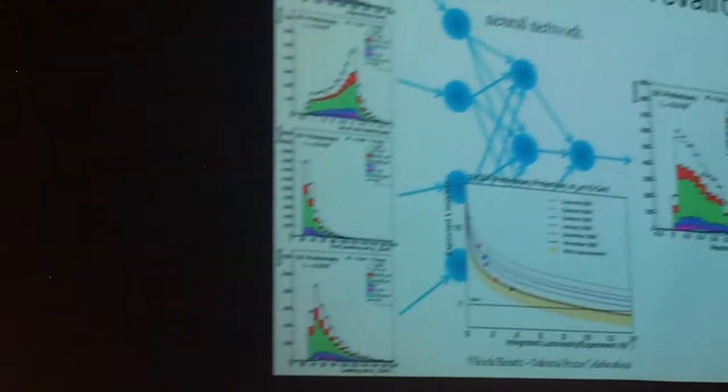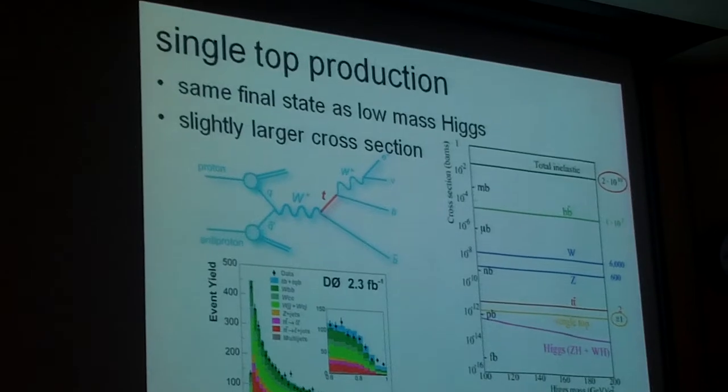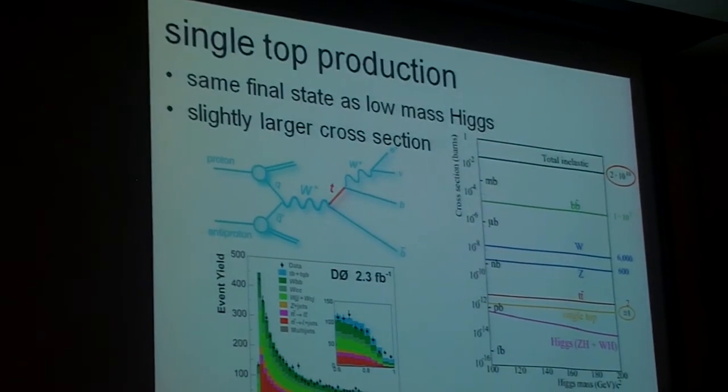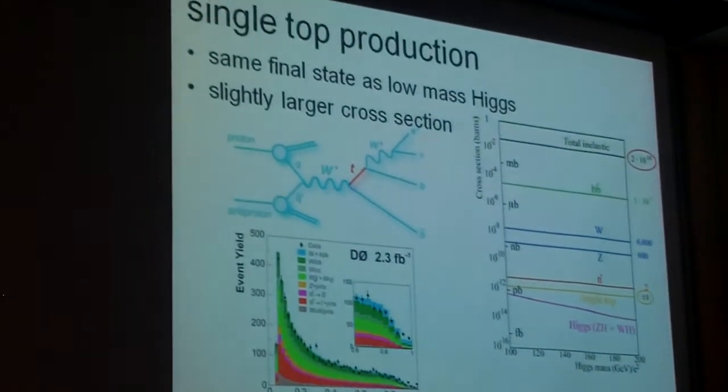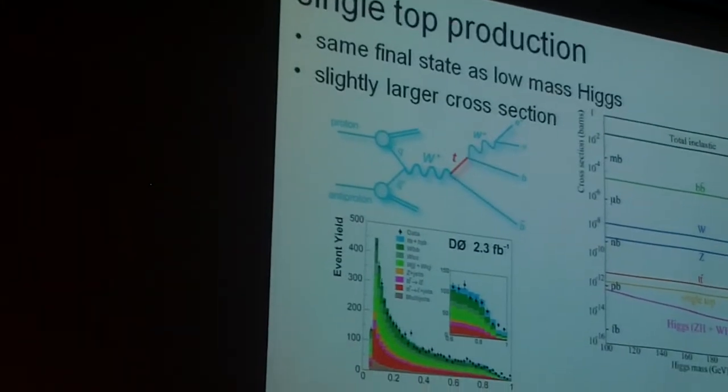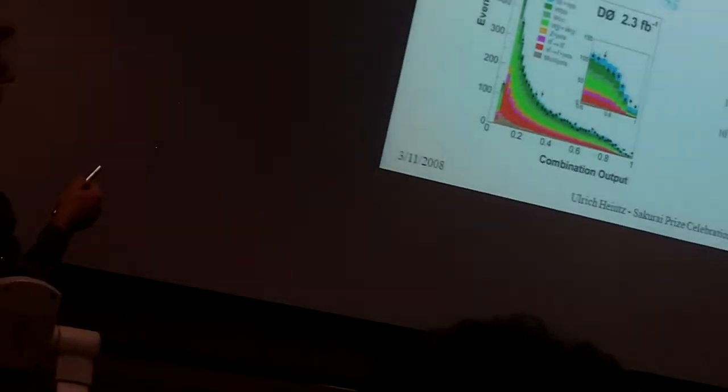Okay, still no Higgs signal has been observed, and you might ask, well, maybe this is all just pie in the sky, and you can't really see a signal this way. Well, here's a counterexample. The production of a single top quark, which is also a process where you have a signal to background of about 1 to 200 or something like that, was recently established at a statistically significant level by just using that kind of analysis technique.